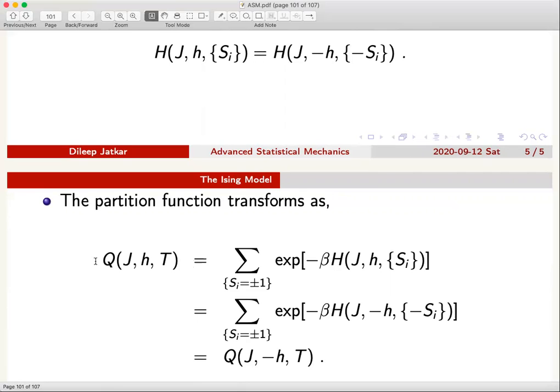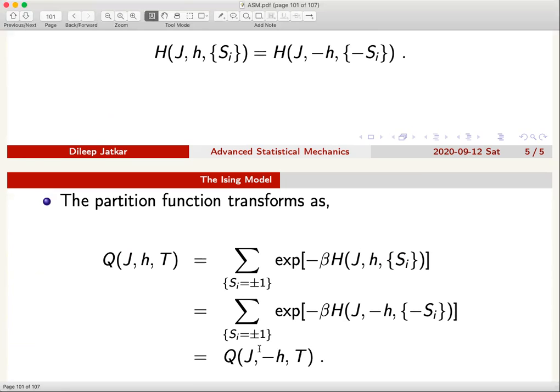But remember one thing, when you write down the partition function, you're summing over all configurations. So if you're summing over all configurations, then summing over minus Si is the same as summing over Si. And therefore you could happily skip this sign when you're looking at the partition function. And therefore you can write this quantity as exponential of minus beta times H of J, minus small h and all Si's.